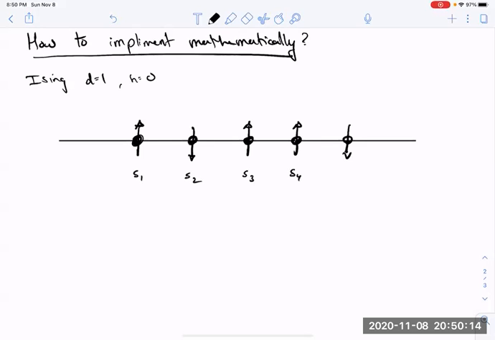We have a 3 and a 4, a 5. Let's do one more, and a 6. So there is some intrinsic length scale between those spins. Call it L, the lattice constant.